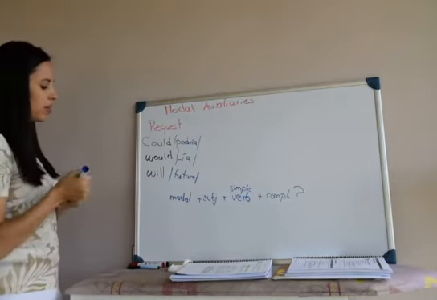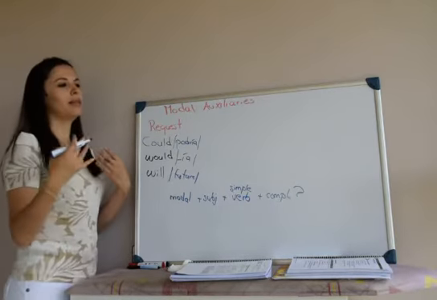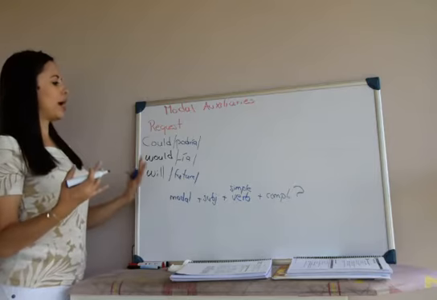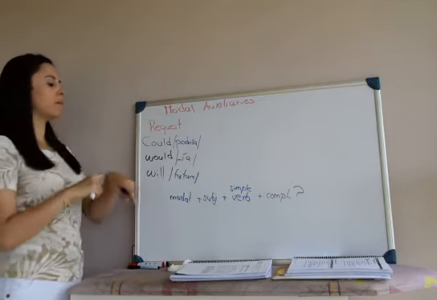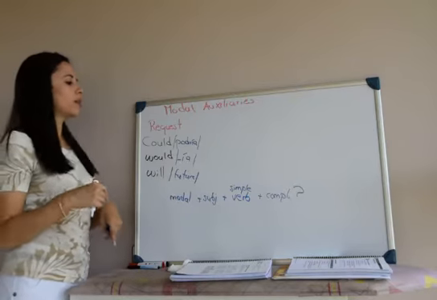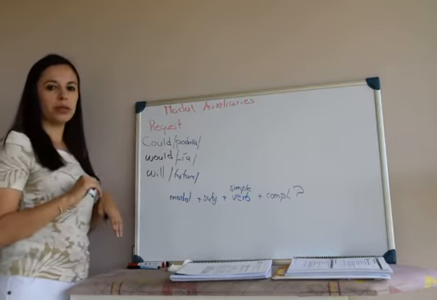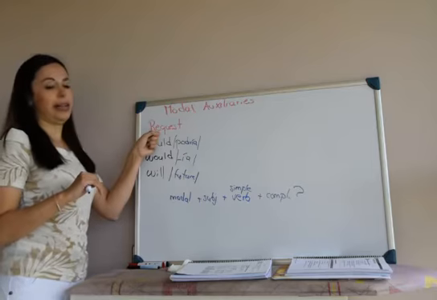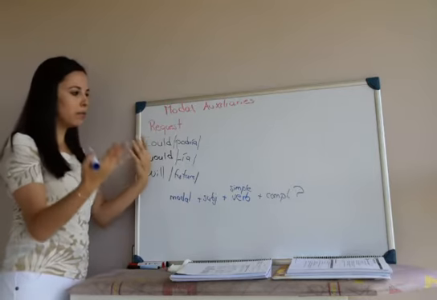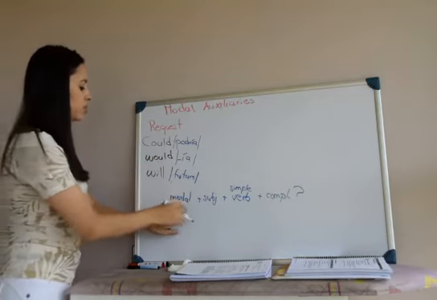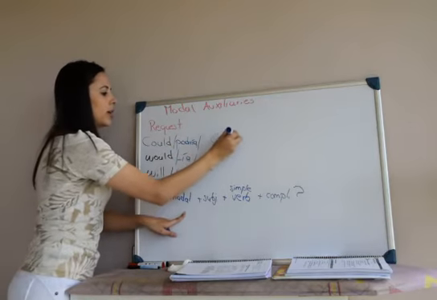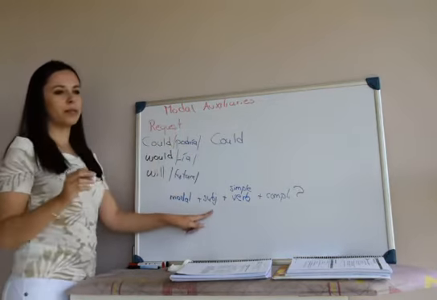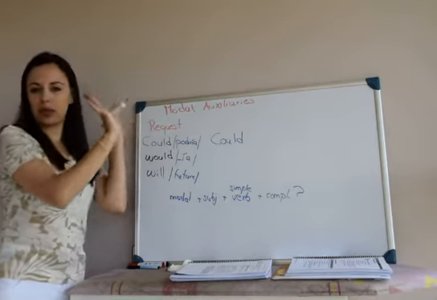So let's write some examples. Let's think that we want to ask someone to open the window. It's very hot, it's noon, so it's really hot and I want someone to open the window. So I'm going to make a request. The first thing that we need to write is the modal. In this case, could. The subject, you. I'm talking to someone in specific.